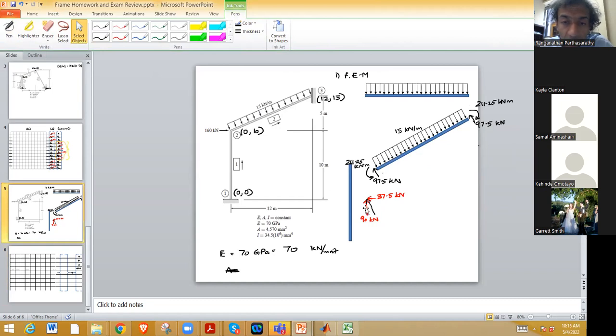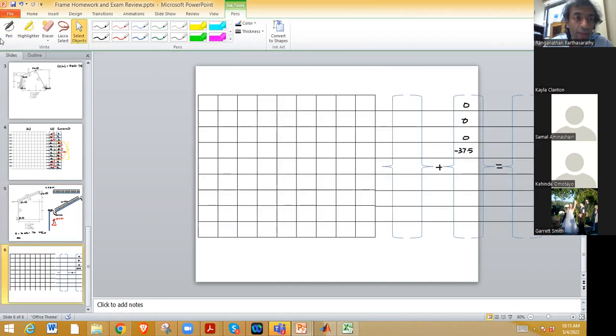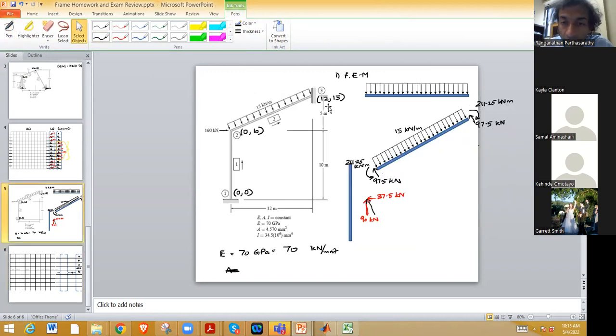Then vertical is positive 90. Then moment is 211.25 kilonewton meter, but we want it in kilonewton millimeter.